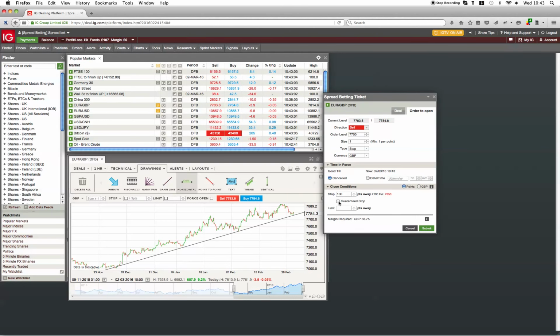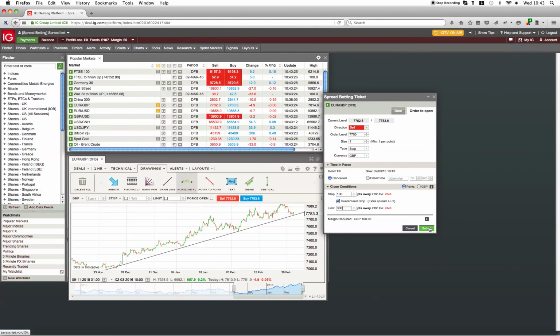And this is a long-term trade, so likely we're going to leave it on overnight. So let's put a guaranteed stop in, which means that when it does stop out, you will definitely get that price. If the market's closed, you're still going to get the price that you want. And the limit is we're going to put in 300 ticks away. So there you go, 7748 is close enough.